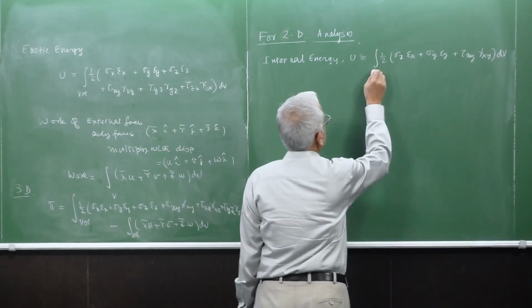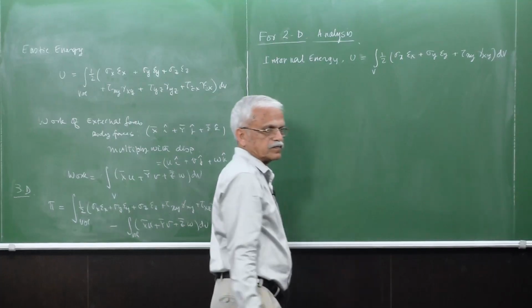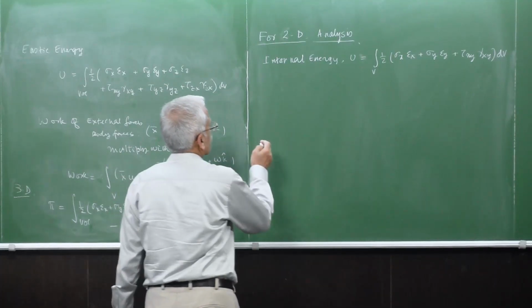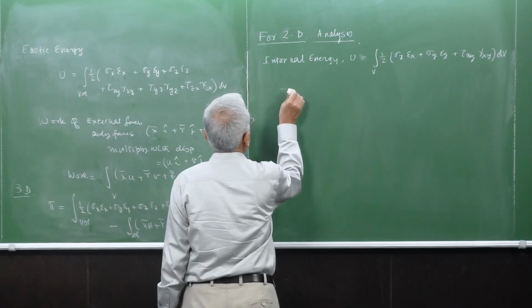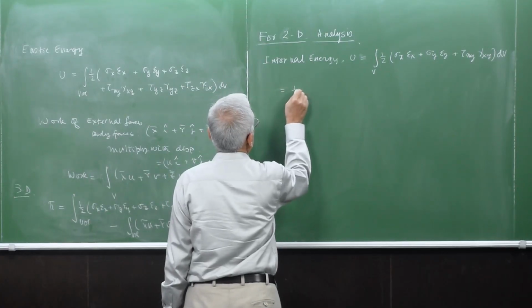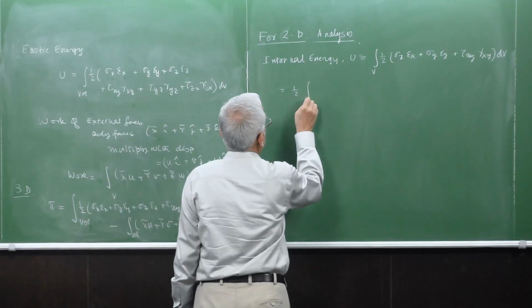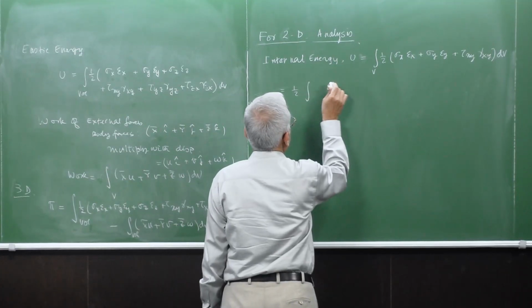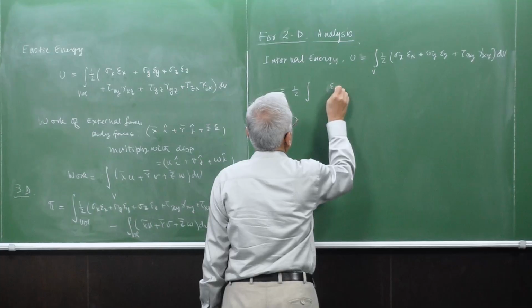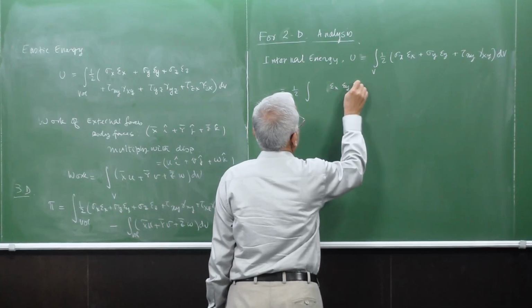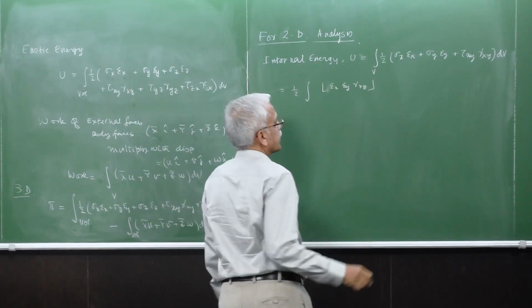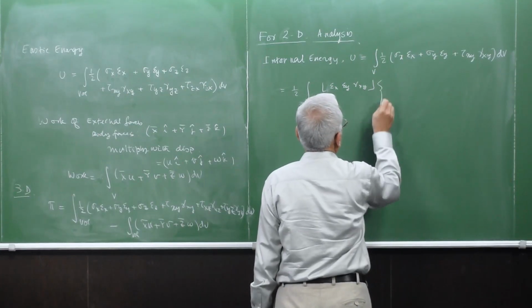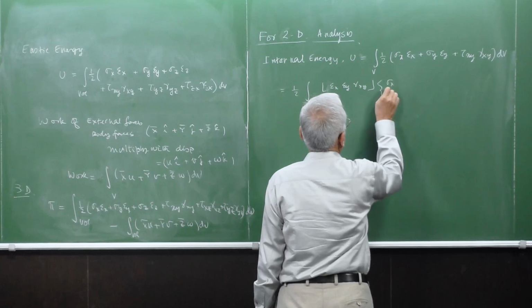Let's spend some time on this. So this can also be written in the matrix form in this manner: epsilon x, epsilon y, gamma xy, multiplying sigma.